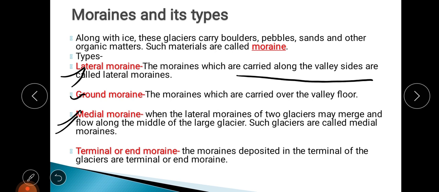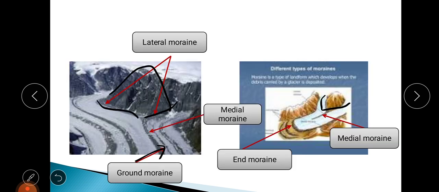Then you see medial moraine. Now medial moraine, when two glaciers come close to each other, the two lateral moraines join together and they flow in the middle. That is basically medial moraine. Here you see two lateral moraines have joined into one moraine, and this is the medial moraine.